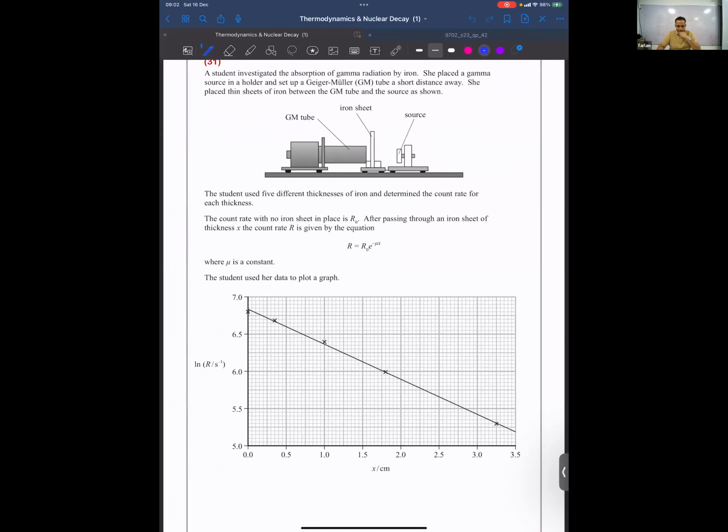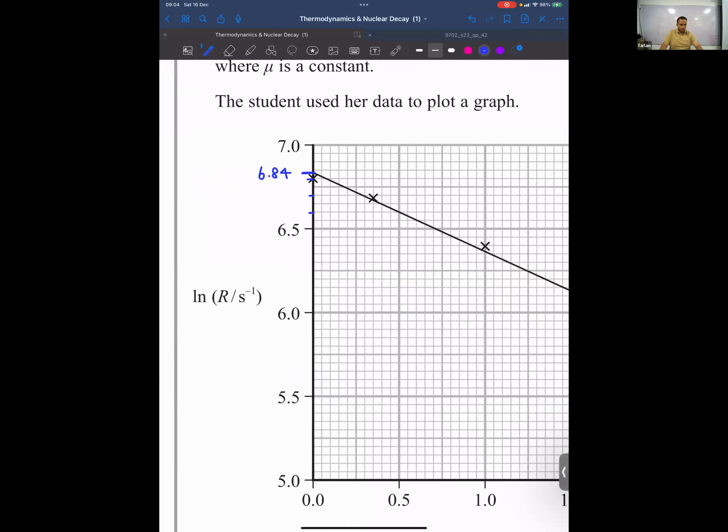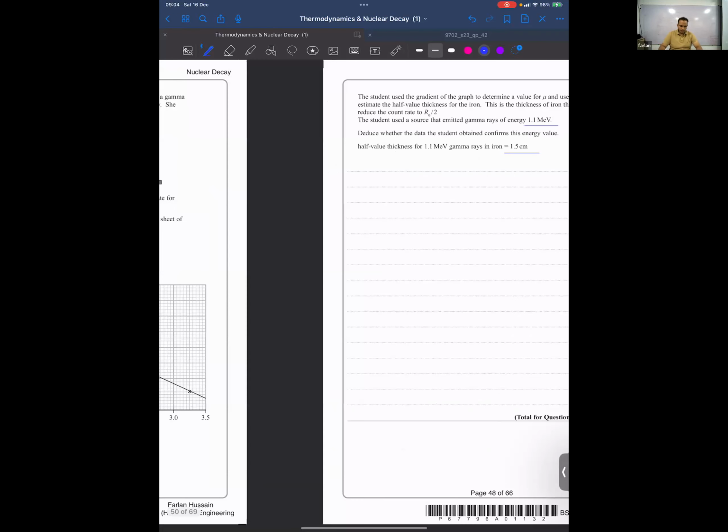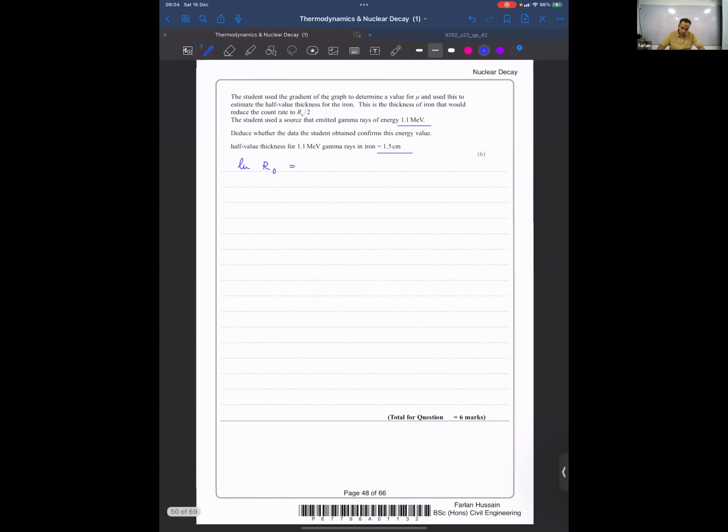So I would take it as around 6.84 or 6.83. That is the initial R0's ln value. So ln R0 is equal to 6.84.